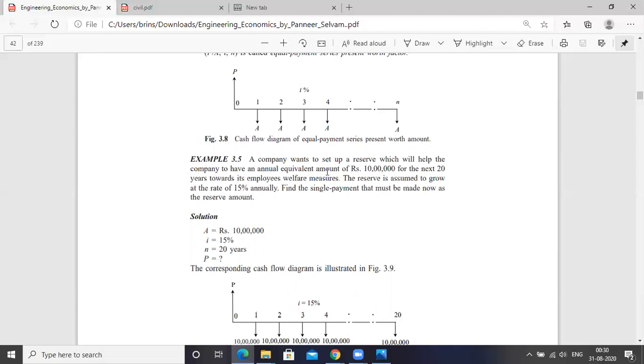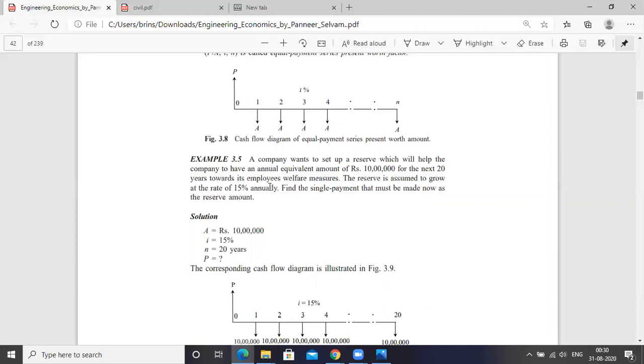In this problem, they have given you the annual equivalent amount of 10 lakhs rupees for the next 20 years, so n is given, and it is assumed to have a rate of 15% annually.